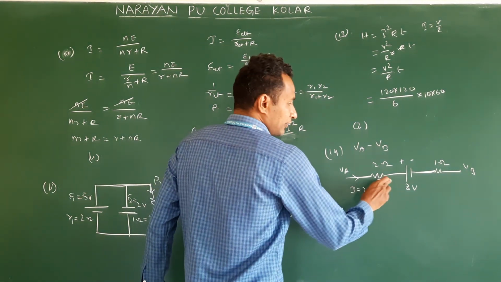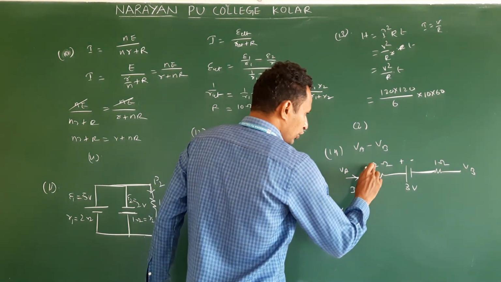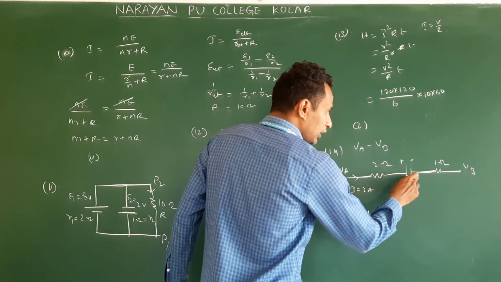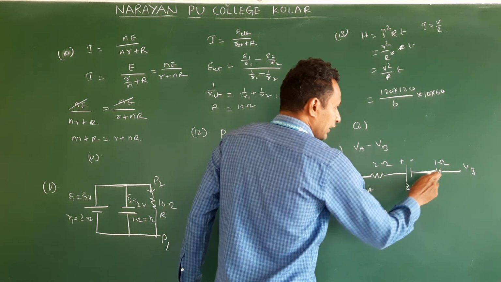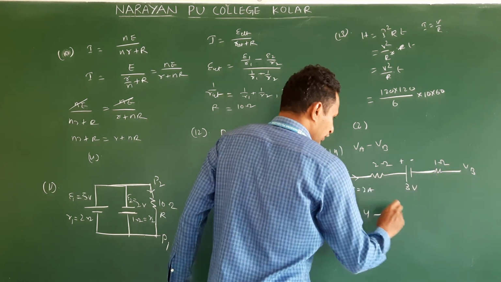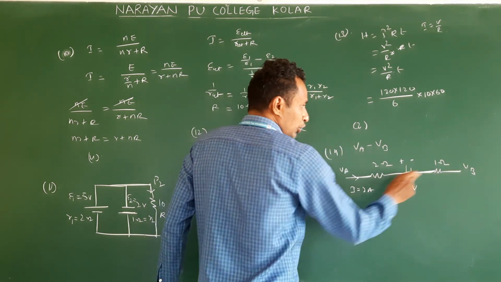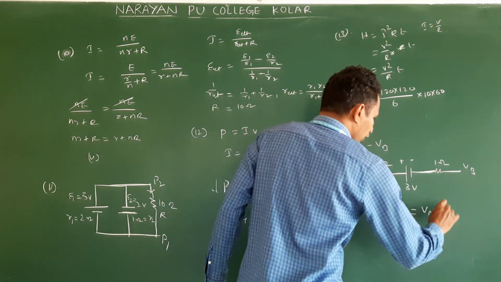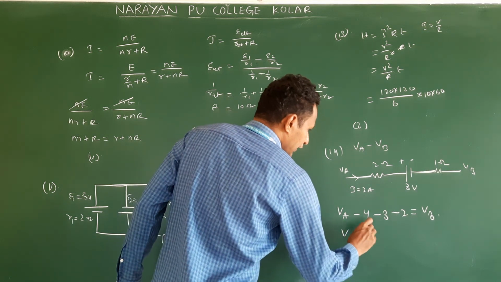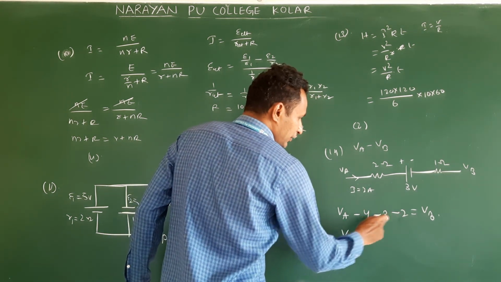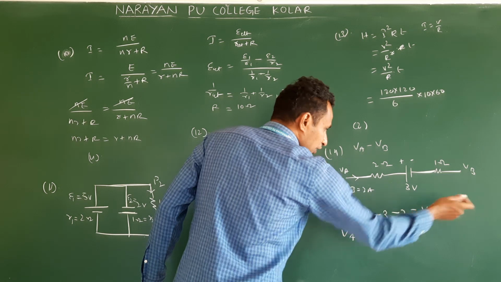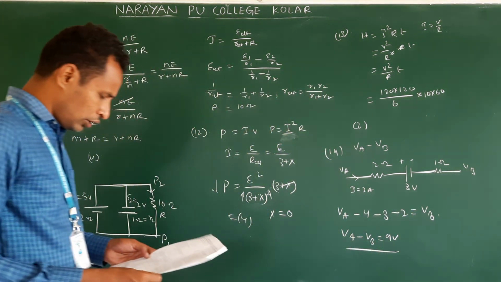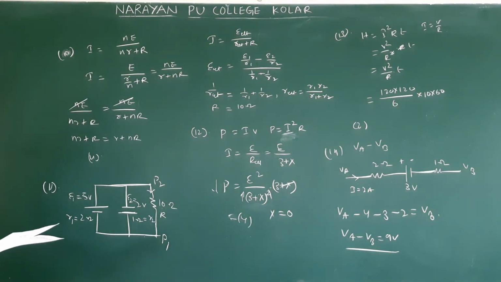VA, current, we have path direction same, minus, what is the resistance 2, what is the current 2, so 4. We are leaving the negative terminal, minus 3. Again path direction, current direction going, what is the current, 2, 2 into 1, 2, is equal to V. So this is VA 7 minus 7, minus 2, minus 9, both sides VB comes, so 9 volts. Okay. Next, 15.